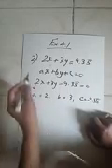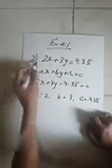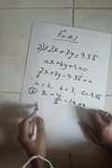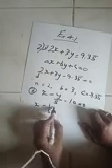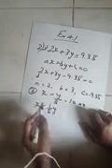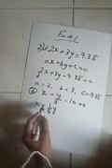Let's take another question here. The second one: x - y/5 - 10 = 0. We can write it like this.